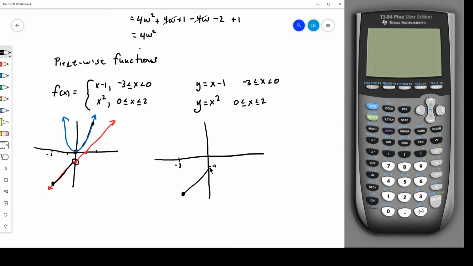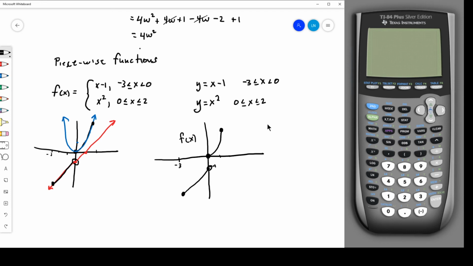I'm going to move one here with an open circle. And then for the parabola, we've got a closed circle here at 0, and then 1, 2, and we're going to go up like that. Again, we'll have another closed circle there. So this is the graph of f of x, just those pieces I had outlined.